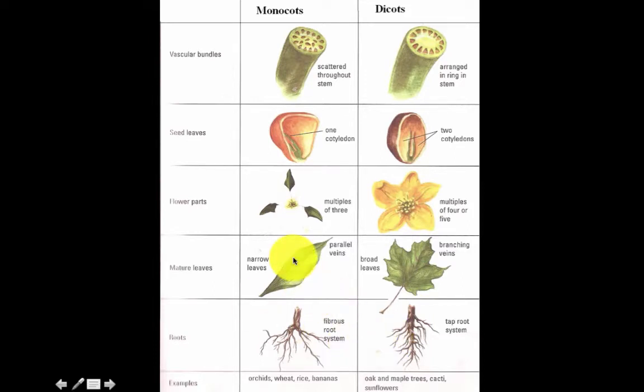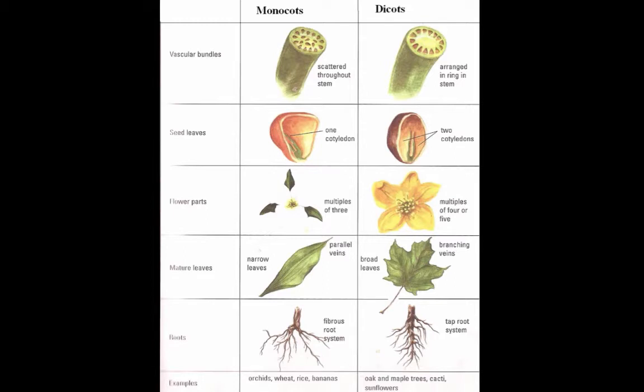Another way to identify monocots versus dicots is by looking at the leaves. Monocot leaves have parallel veins. If you think about a grass blade, it's long, it's skinny, and it has those parallel veins. You know right away grasses are monocots.